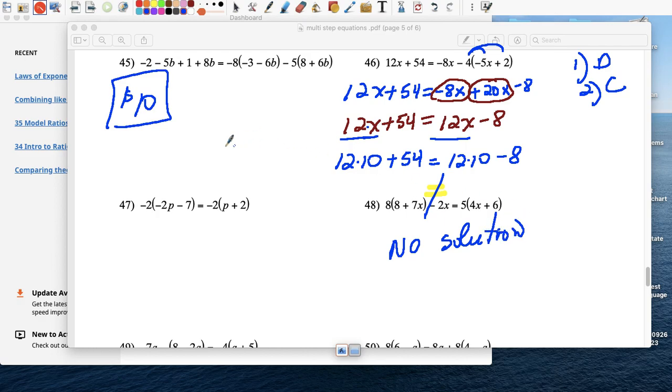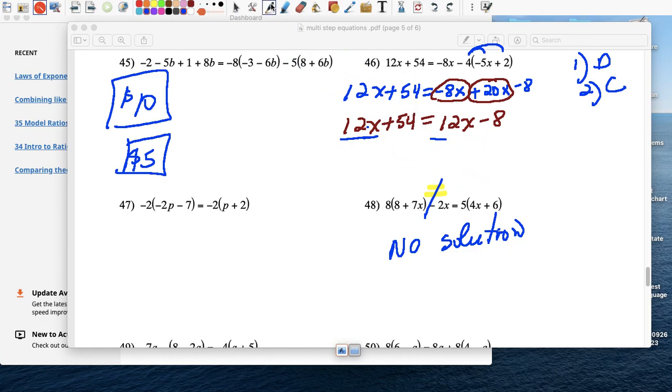Now, if you want to try with other numbers, pretend I give both sides of the room $5. So it'd be 12 times 5 on the left side, and 12 times 5 on the right side. But after you multiply by 12, the left side group gets a bonus of 54, and the right side gets what you call a penalty of 8. So we can already see that this is going to be an equation where there is no solution.